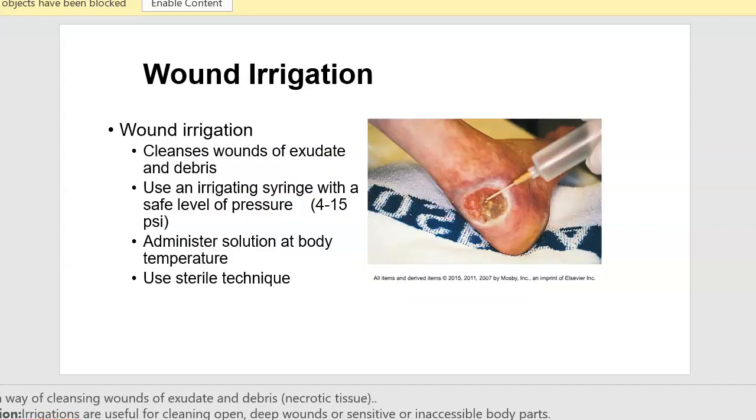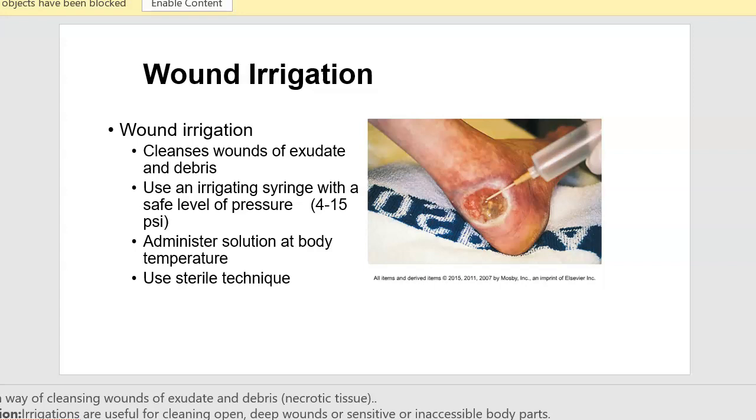Wound irrigation is a way to cleanse and get out any extra drainage or debris, necrotic tissue. So it's useful for cleaning those open, deep wounds or inaccessible body parts due to tunneling. The temperature should be at body temperature if possible. You're going to use normal saline.